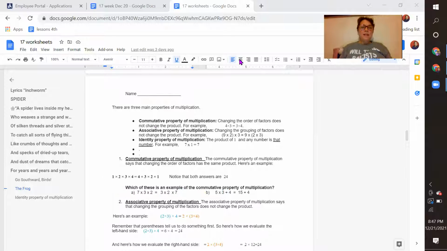Next question. Number 2. The associative property of multiplication says that changing the grouping of the factors does not change the product. So it's almost the same as number 1. Here's an example. 2 times 3 is 6.